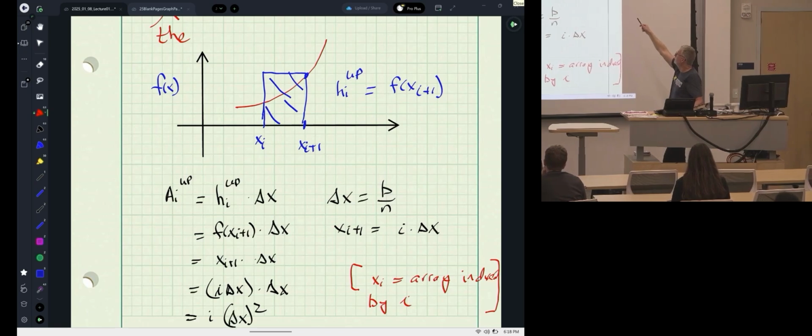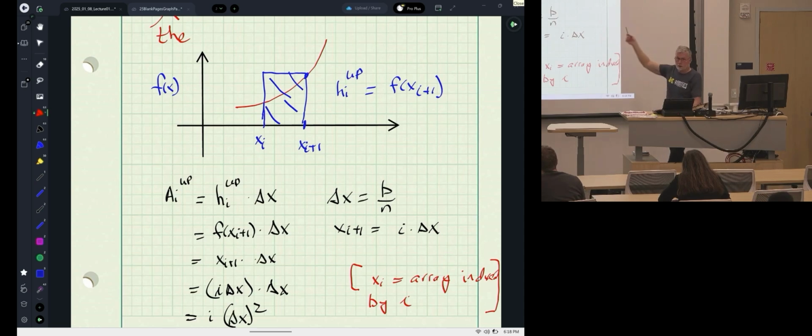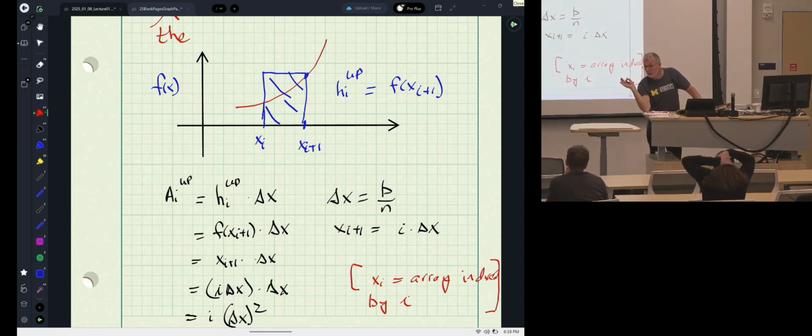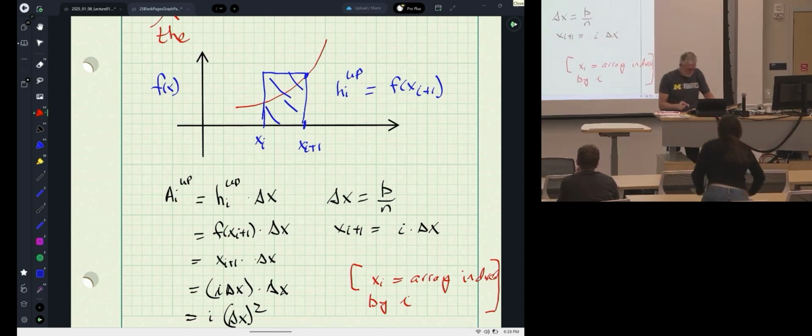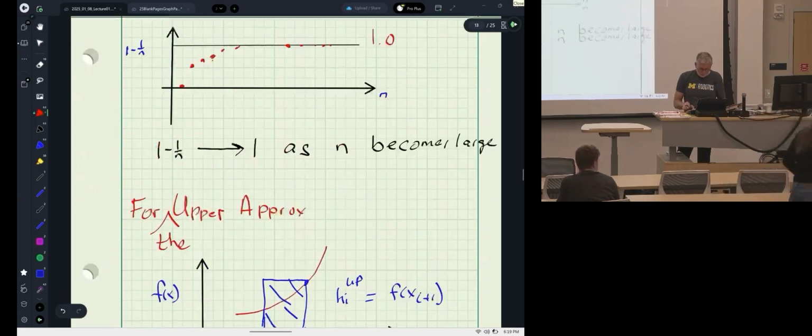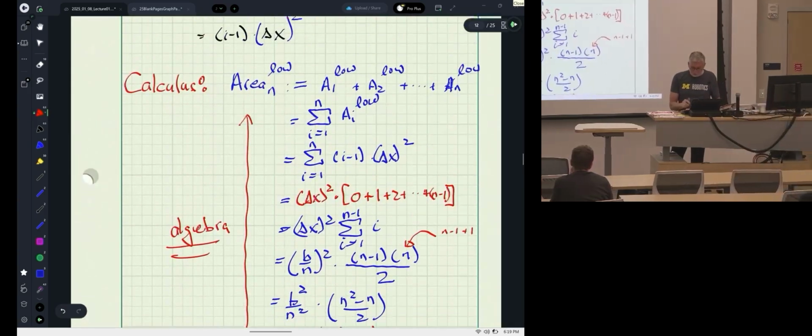And if that function was e to the power x times sine of x cubed, you just plug that in, okay? Now, doing it analytically would be really painful. But what did we do here?